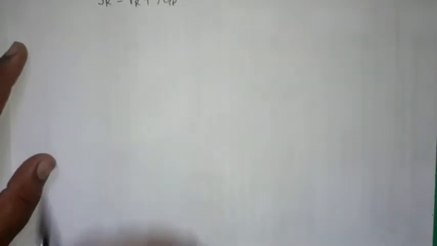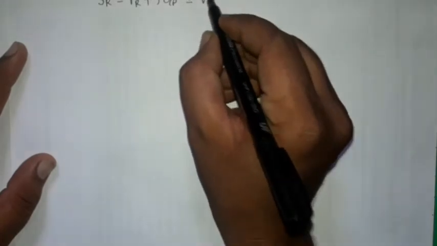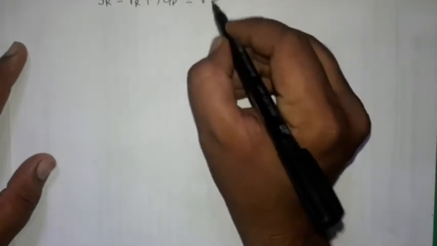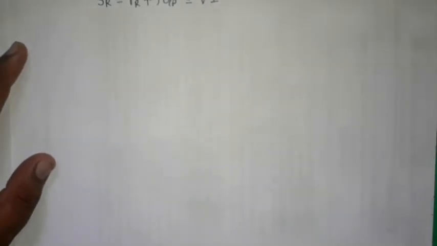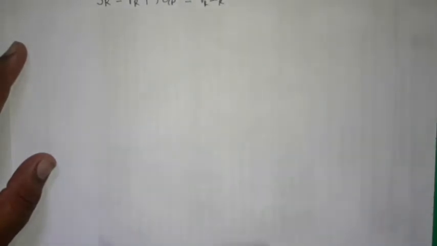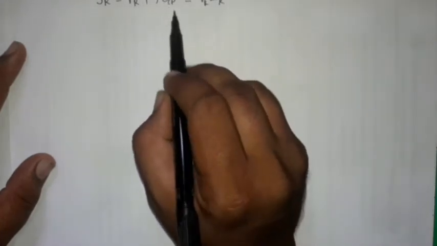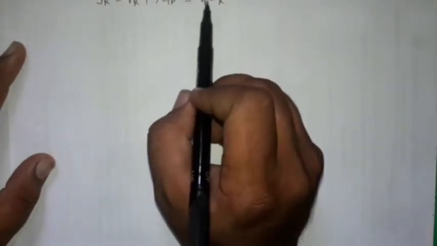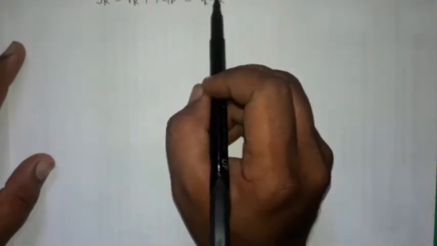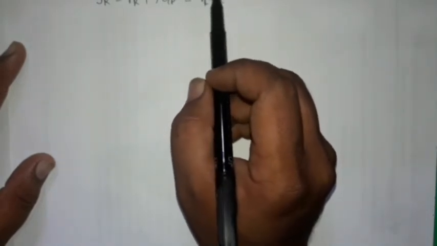SR means our apparent power, and the apparent power is equal to V into I. Here we take a vector value, so we take I conjugate here. So VR into IR conjugate, because we know that active power is equal to VI cos phi, Q is equal to VI sin phi, and apparent power is equal to V into I. So here at the receiving end, VR into IR, and for the vector value we take I as a conjugate value. What happens if we take a conjugate?